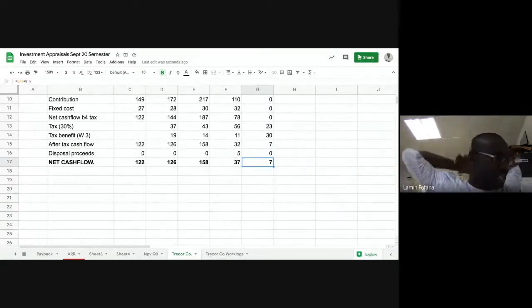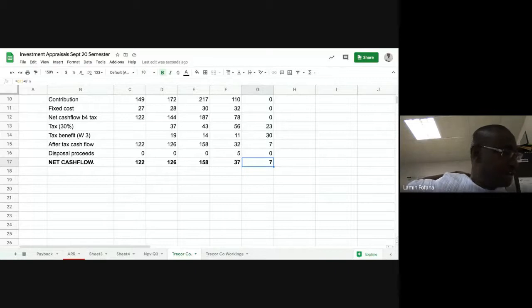The second to last paragraph says Treco Limited has a real cost of capital of 5.7% and pays tax at an annual rate of 30%, 1 year in arrears. It can claim capital allowances on a 25% reducing balance basis. General inflation is expected to be 5% per year.